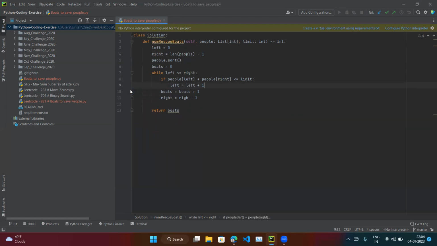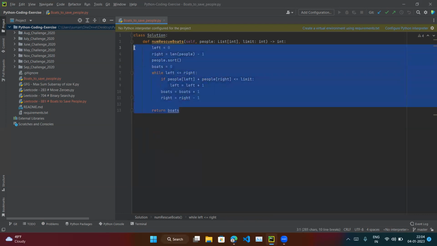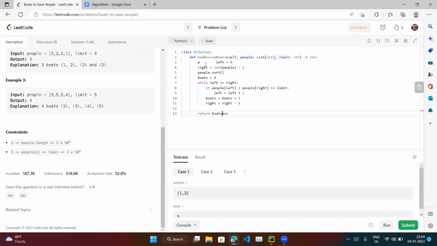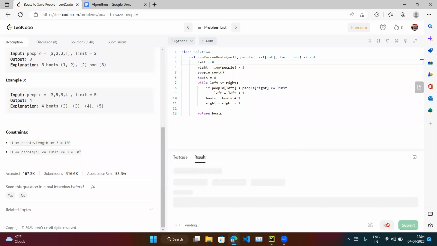We can just remove it. So that's it. And let's try to run this.